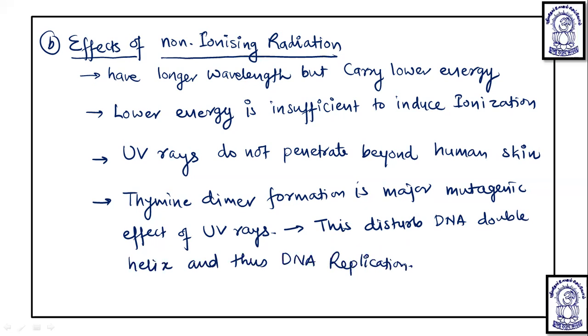So this is the radiation, the first mutagen, a physical mutagen, which causes these different mutagenic effects.